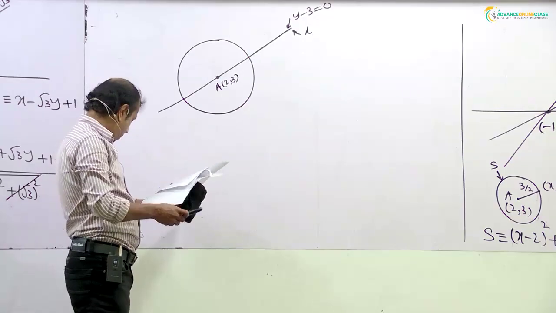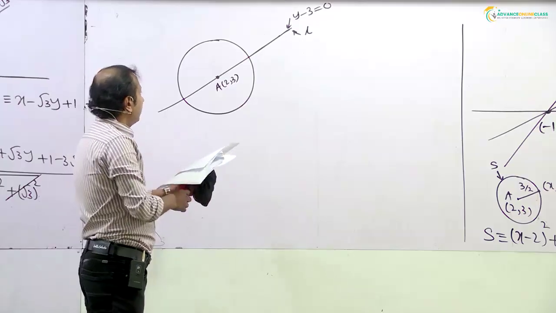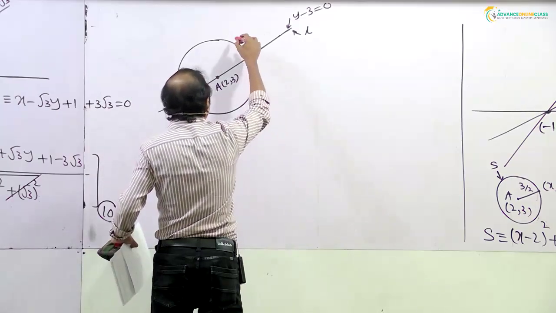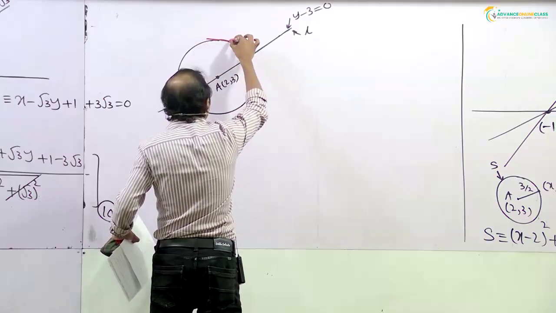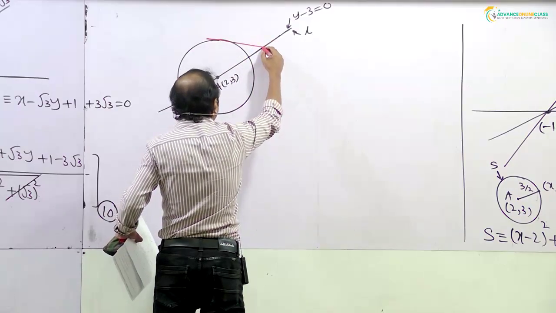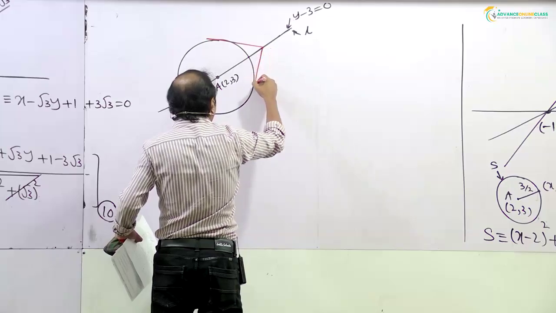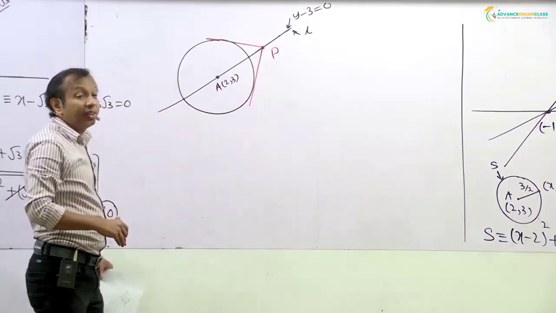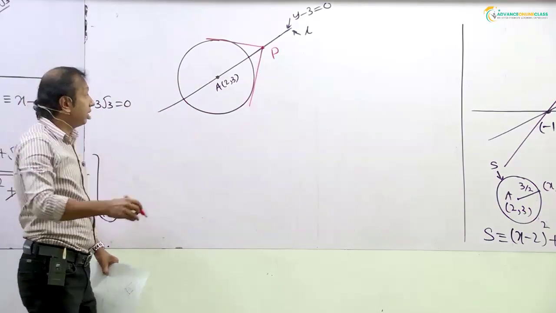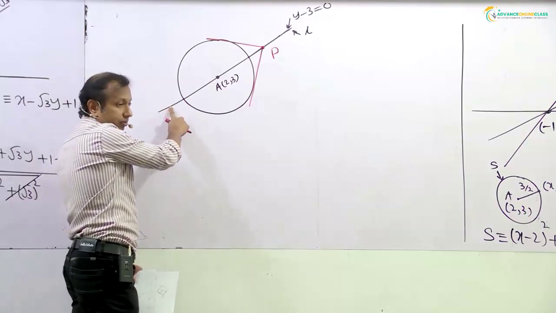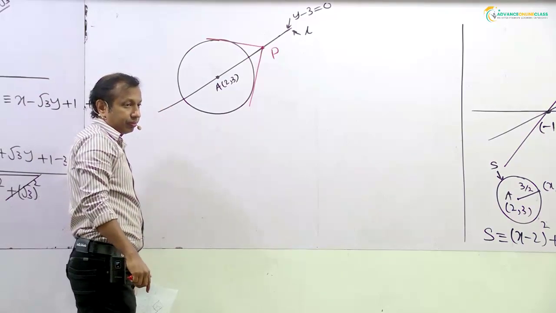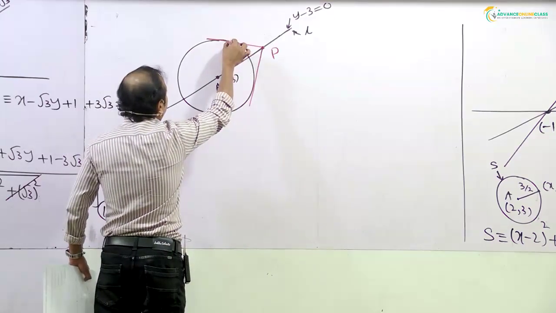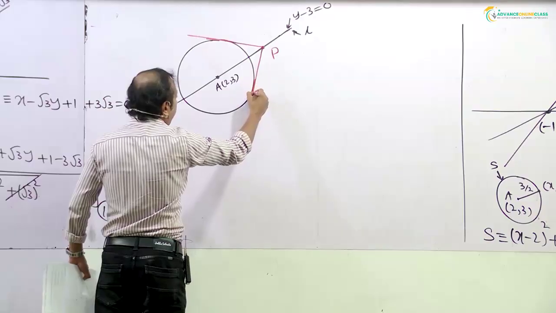Two tangents perpendicular to each other are drawn. One is here, the other tangent here. This is point P. Similarly, another point is on the same line. Where is that? Here. Understand? You see, here 90.